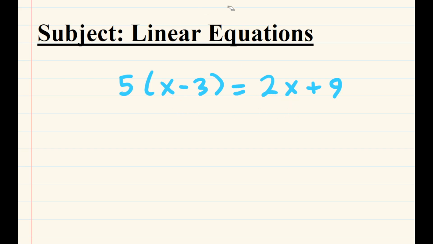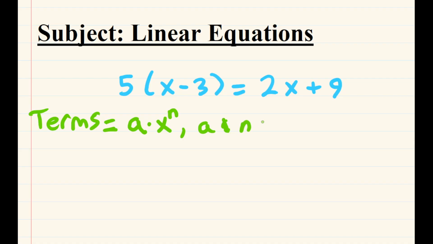And before we begin solving this and begin isolating x, another important concept in mathematics, I'll write it down here, are terms. So a term is any grouping of numbers that can be written in this way: a times x to the power of n, where a and n are numbers or constants.